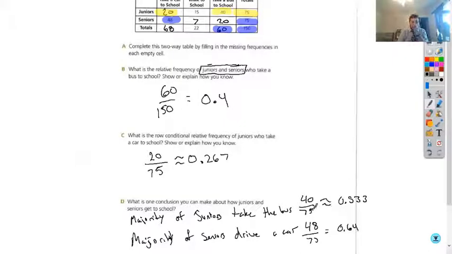So that's one conclusion that I made based on this table. There's other conclusions that could be made, right? If you're talking about that most don't do something, you can prove that with the data also on that table. All right. So now moving on to question 4.